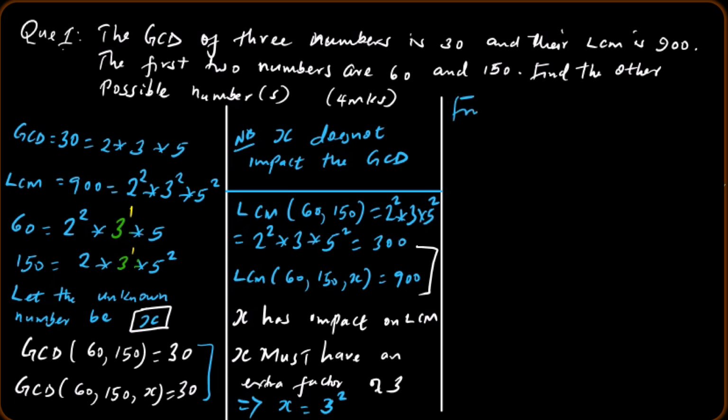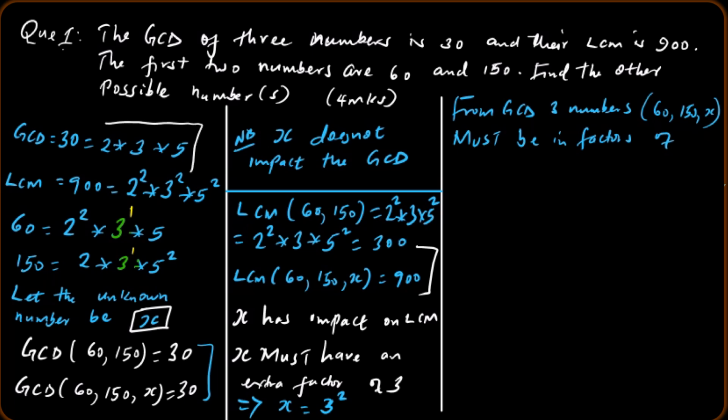From GCD of the three numbers, which is now 60, 150, and the x, must be in factors of this one here, of 3, no, it is 2 times 3 times 5. Okay, it's a must.